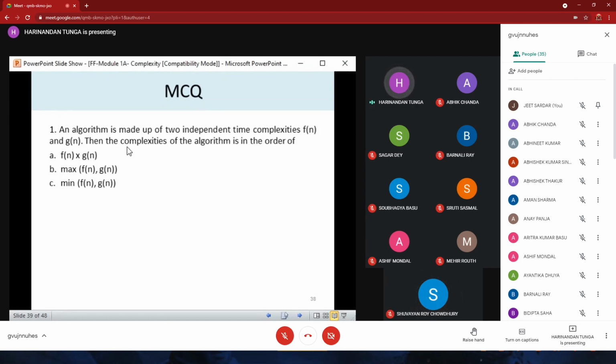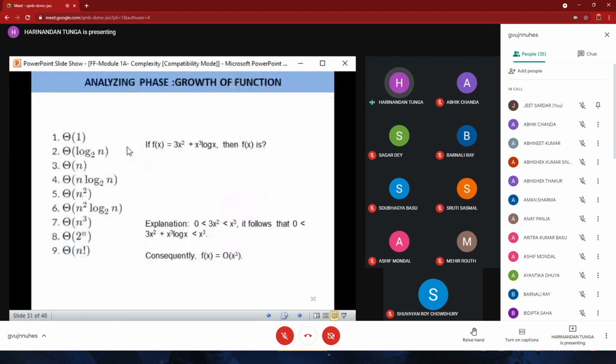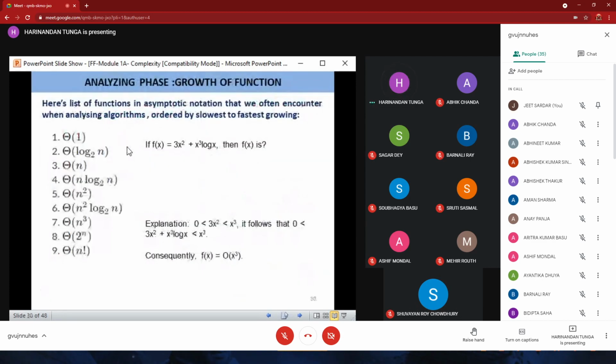আমি অলরেডি তোমাদের যখন প্রথমে দেখিয়েছিলাম অর্ডার অফ অ্যাসিম্পটোটিক নোটেশন। দেখো, এই যে অর্ডারটা আমি তোমাদের স্লাইডে দেখিয়েছিলাম, this one is the order of one, তারপর log linear equation n log n base 2, order of n square. This order is very important.